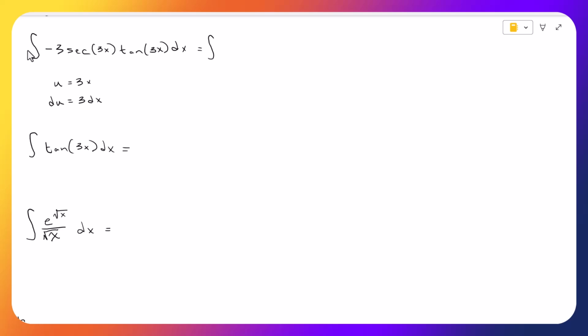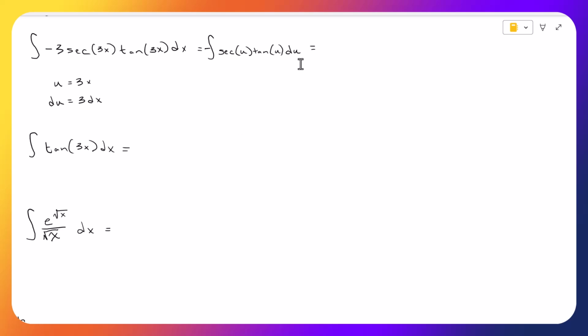Secant of u, tangent u, times 3 dx. And then I have a 3 dx, I can just replace that with du. So I'm not even going to save the line, you see it there. That's going to become a du.